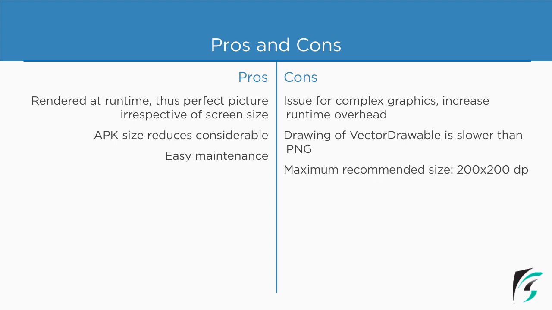Thus, the maximum recommended size of the graphics which you can use as vector is 200 by 200 dp. If it exceeds the recommended size, the app performance will be reduced considerably. Your app will be slow. Thus, there is no advantage of having a small APK where the app performance is reduced.